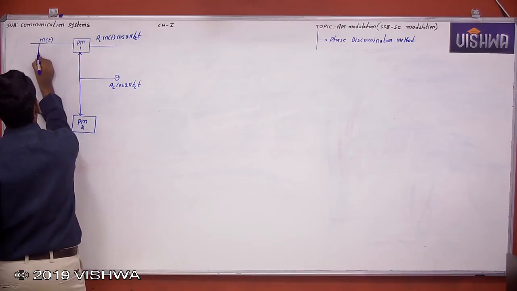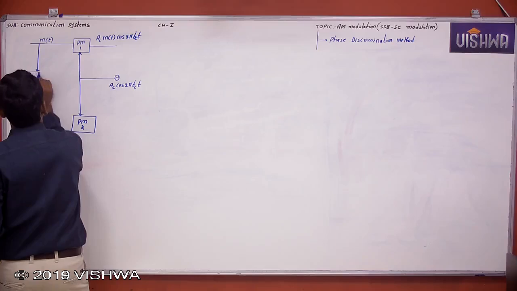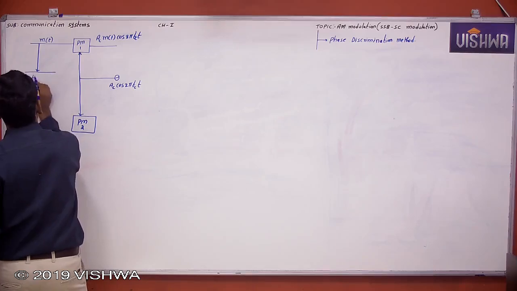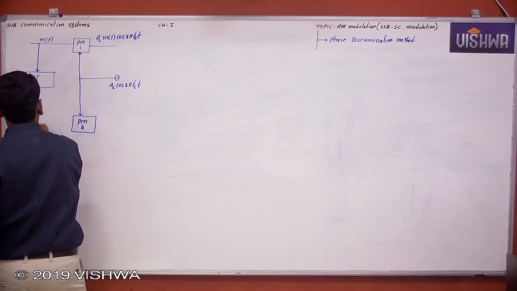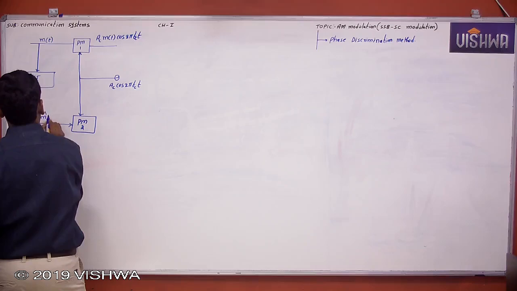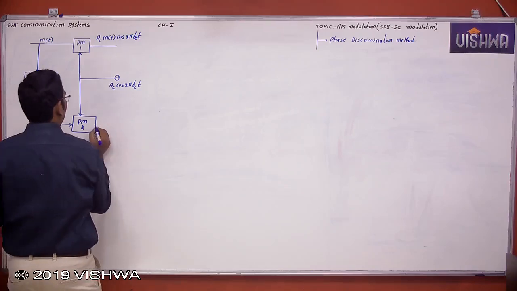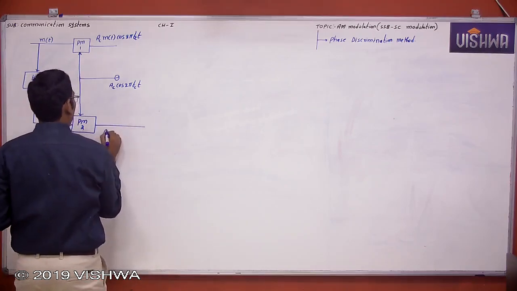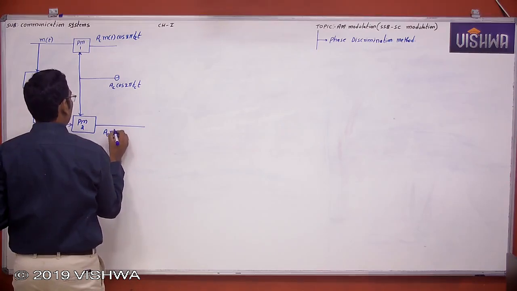Now this m(t) goes through the Hilbert transform, or a 90 degrees phase shift. You know that. This is nothing but m cap of t, so this is Ac m cap of t.